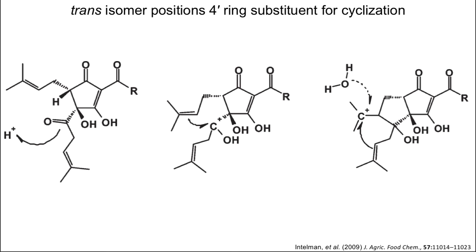In this case, after the acyl carbonyl accepts a proton and forms a carbocation, in the trans isomer, the side chain at carbon 5 has a double bond which is positioned for nucleophilic attack on the hydroxyl carbocation. The cis arrangement doesn't present side chains appropriately, so the trans isomers are the more favorable.